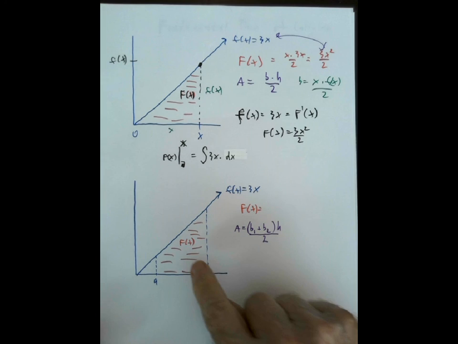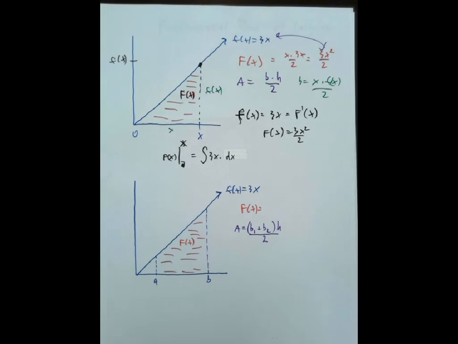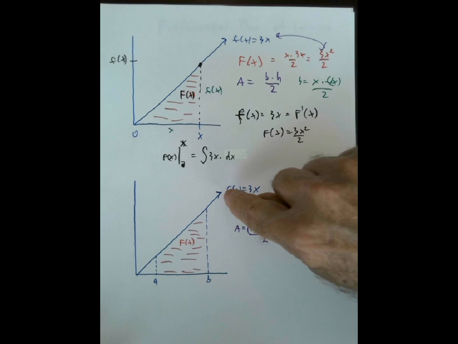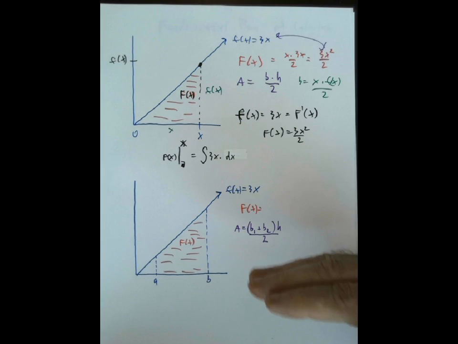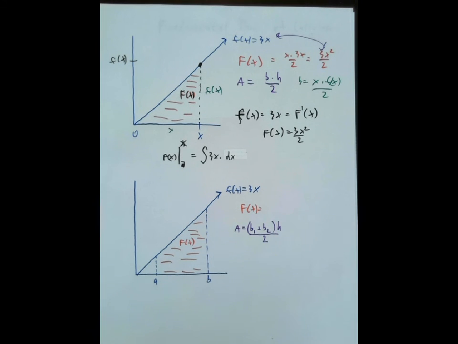So that would give us the red area, which would still be capital F, right? Well, the graph up on top is still f of x equals 3x. So let's do the same thing we just did here. We have to move things around a little bit, but let's see where that gets us.